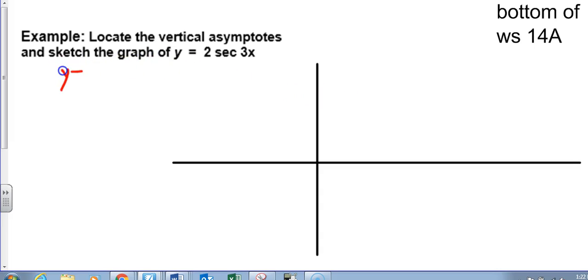To graph this, you are thinking about graphing 2 cosine of 3x. I'm going to graph it as dotted and red. What can you tell me about that graph, 2 cosine 3x? How high and how low does it go? 2. And it finishes at, okay.